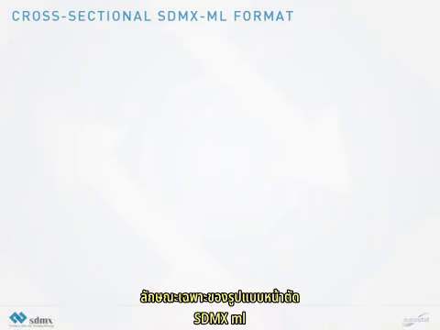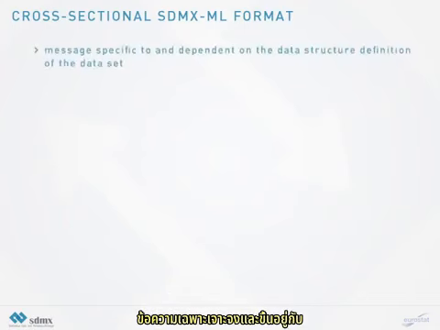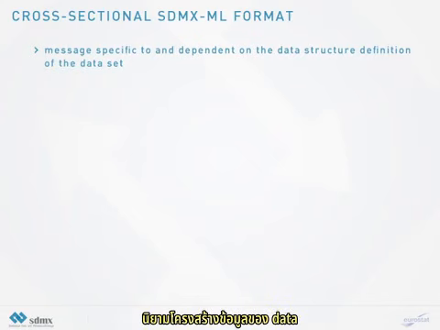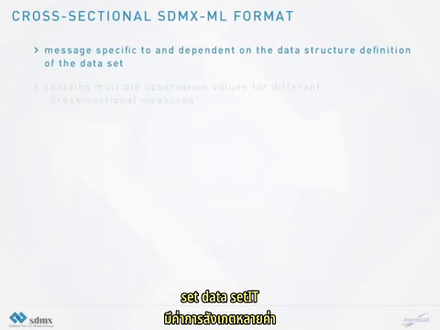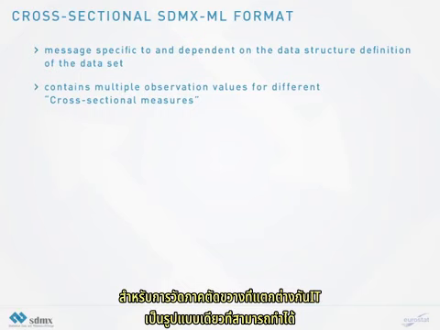The characteristics of the cross-sectional SDMX-ML format are the following. The cross-sectional message is specific to and dependent on the data structure definition of the dataset. It contains multiple observation values for different cross-sectional measures.